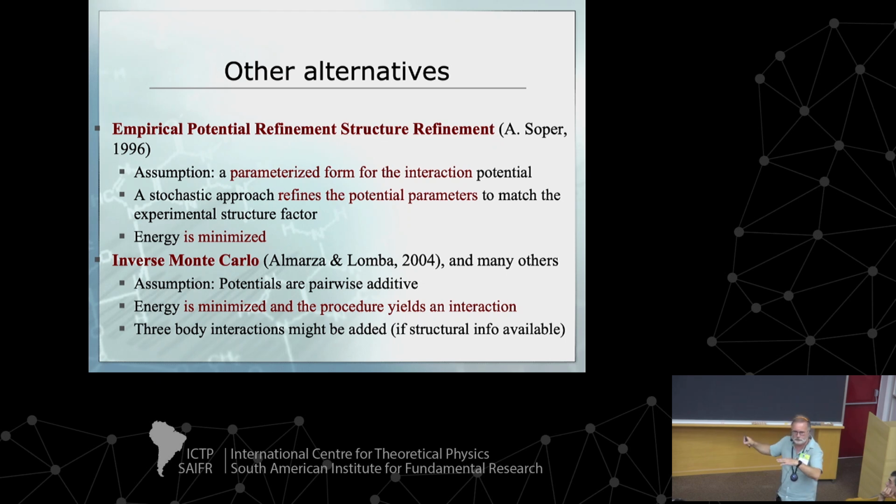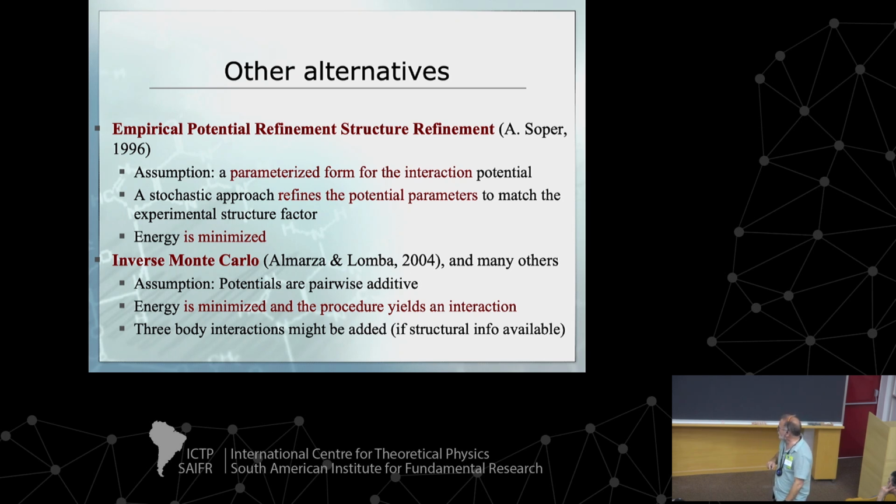You put a lot of parameters, and you do a sort of minimization of these parameters using a stochastic, reverse Monte Carlo-like approach, but not on the structure. Now the parameters are not the particle positions. The parameters are those of the potential, whose functional form you already know.